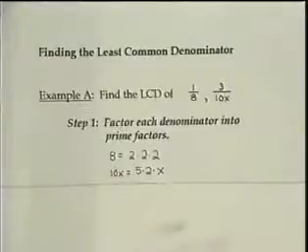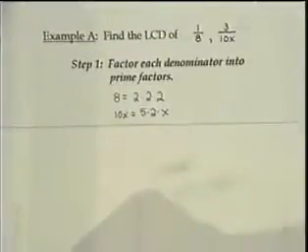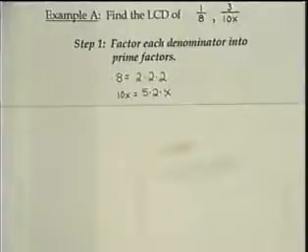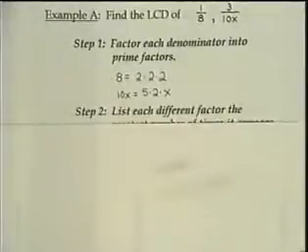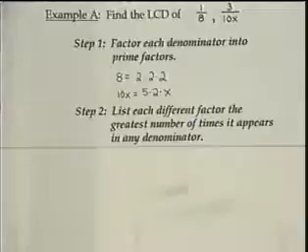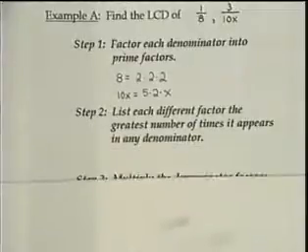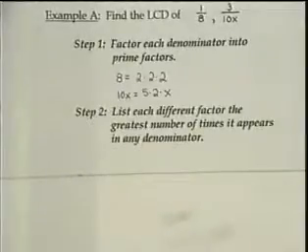Now, what do you do with it after that? Well, let's look at step number 2. Step number 2 says, list each different factor the greatest number of times it appears in any denominator. Let me repeat.